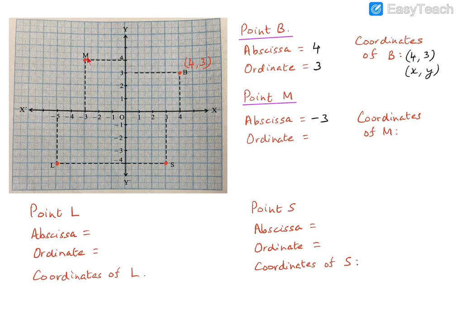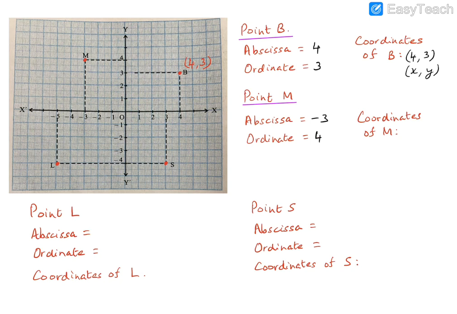So for the point M, the abscissa is -3, and the corresponding y-coordinate is obtained by drawing a line from M perpendicular to the y-axis, and we see that the perpendicular line from M meets the y-axis at the number 4. So the y-coordinate, or the ordinate, is equal to 4.